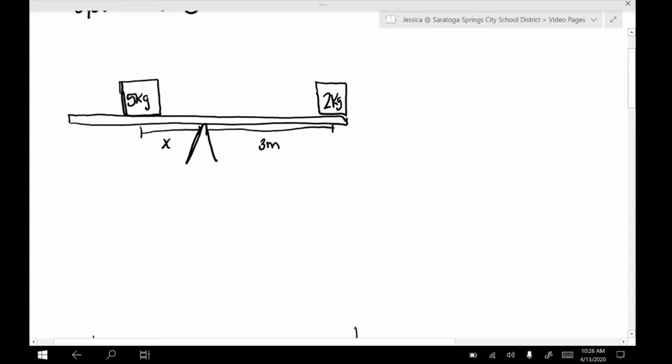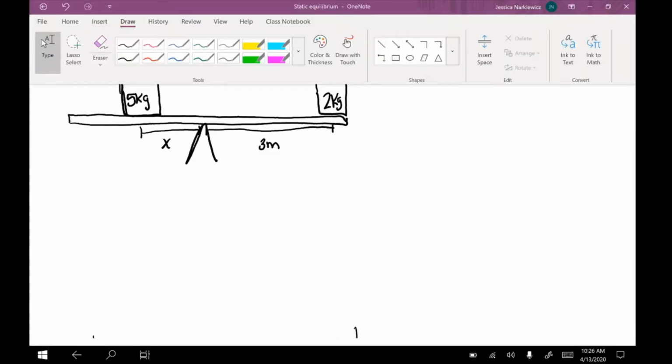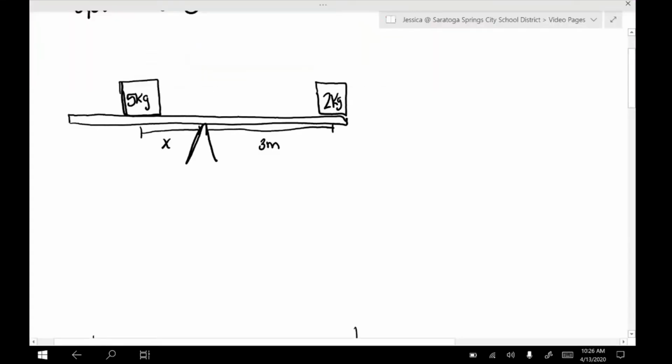The first thing I'm going to do is draw the forces acting on the board, just the forces acting on the board. Acting on the board, I have an upward force from this fulcrum, which I'm going to call Fs for F support. And at about that location, the center, I have the force of gravity of the board. Then the additional forces are the force of gravity acting on this 2 kilogram mass.